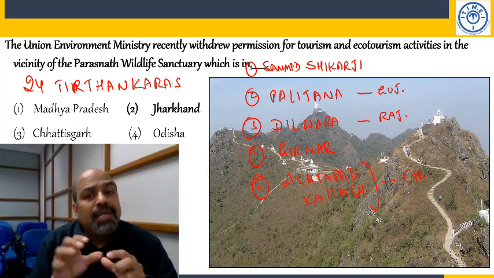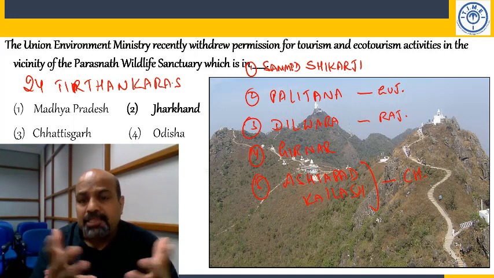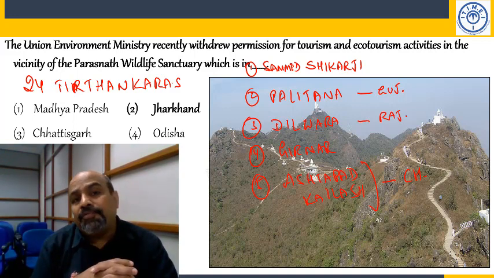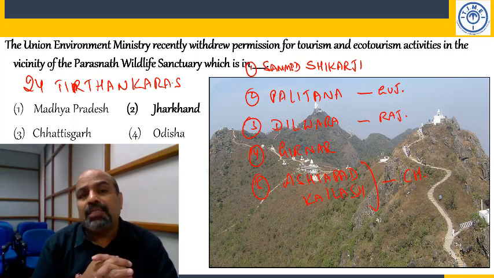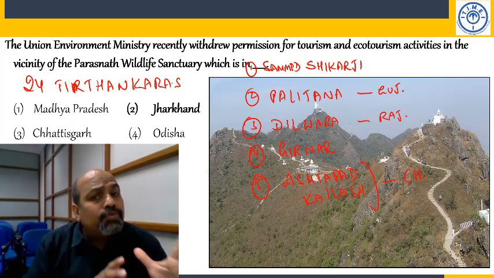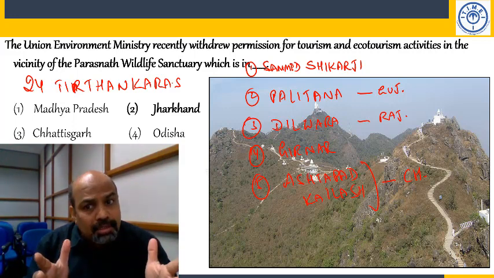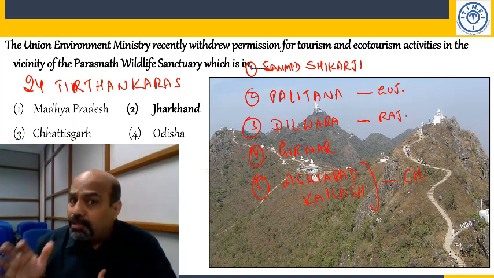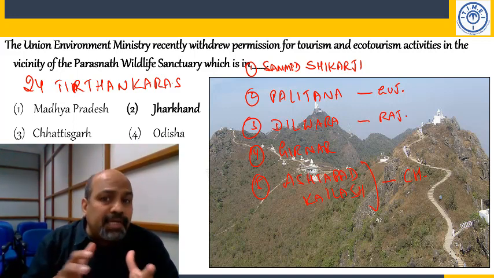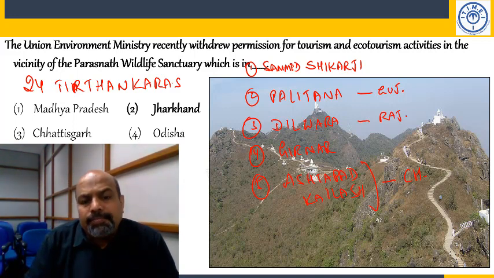This entire hill range and the temples there are very popular and sacred to the Jains, for the simple reason that 20 of these 24 Tirthankaras are said to have attained moksha in this place.